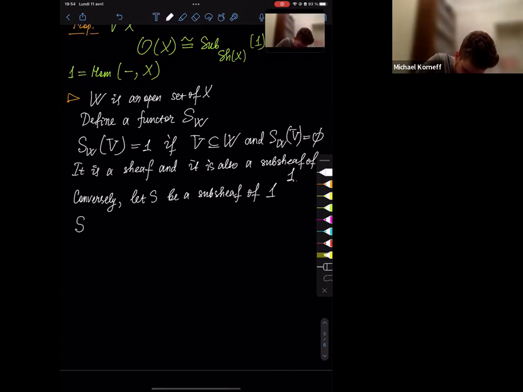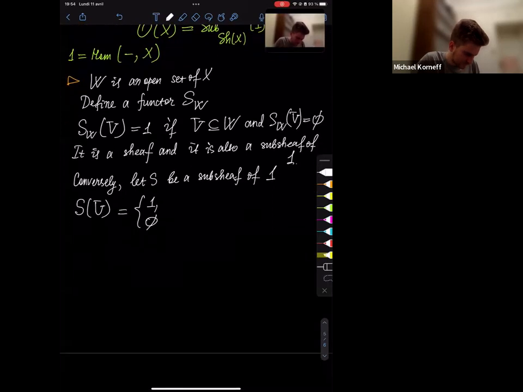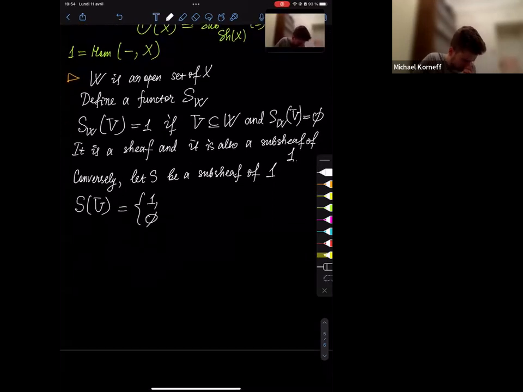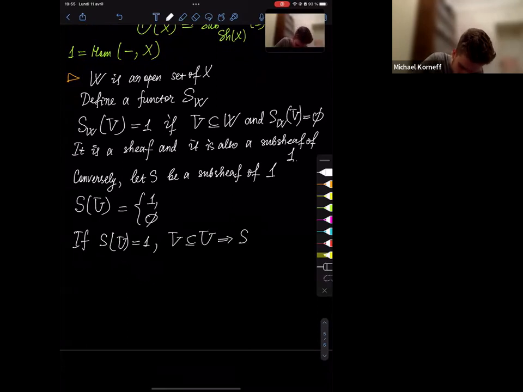Then S of U equals 1 or the empty set, and also if S of U equals 1 and V is a subset of U, then S of V is equal to 1 also, because of the restriction.